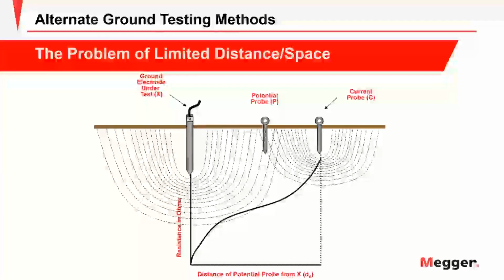If you're a testing service and you have to submit your test results to a client and you submit something that looks like this, the client's not going to accept it because you can't tell on that graph where the resistance of your test ground stops and maxes out, and where the resistance of your current probe, which is irrelevant, takes over.